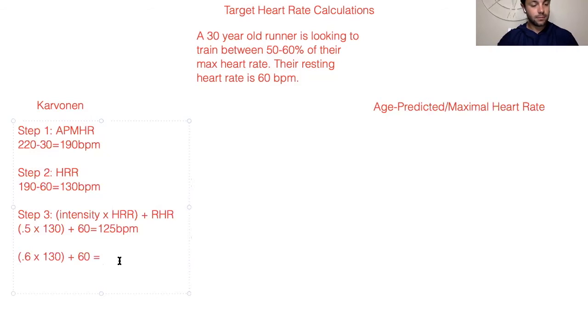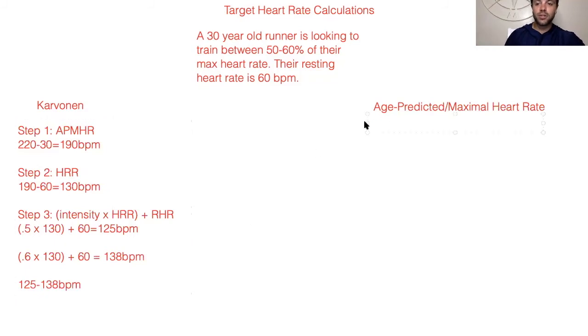Oh, I'm doing my math wrong there, I apologize. 0.6 times 130 is 78, plus 60 is going to be 138. Okay, maybe I didn't do something wrong. Anyways, our range for this question, since they ask us to solve it using the Karvonen method, is going to be 125 to 138 beats per minute. That's the answer we're looking for.